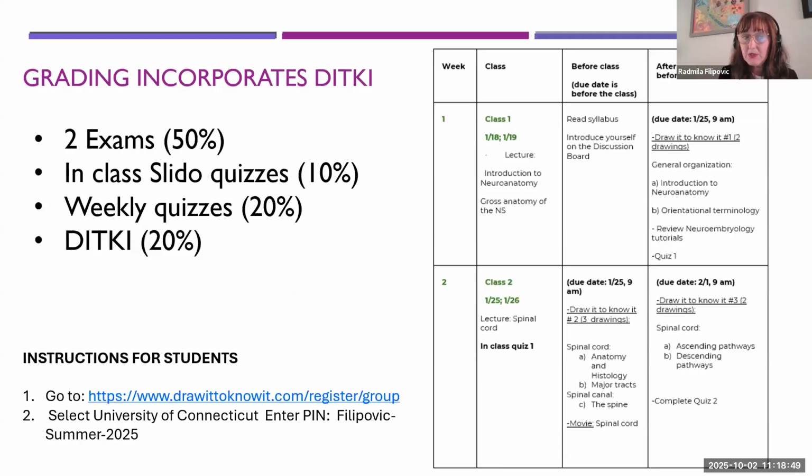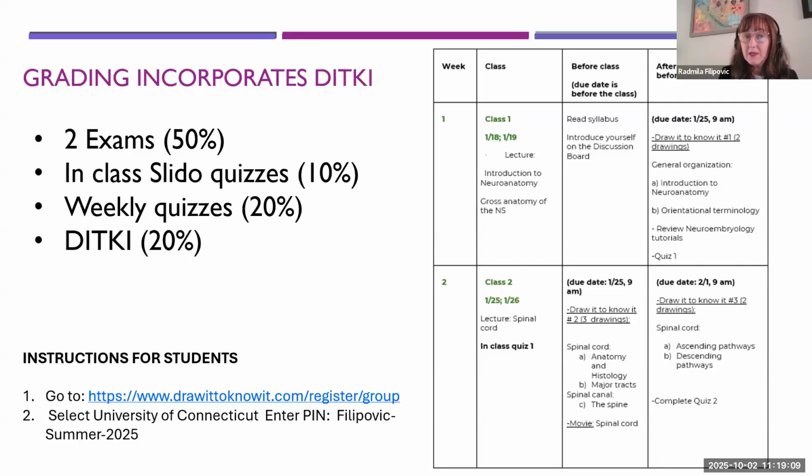In the beginning of the semester, students get instructions on how to subscribe to Draw It to Know It, and then the Draw It to Know It team assigns me my PIN, and they join my study plan, which I created for them.